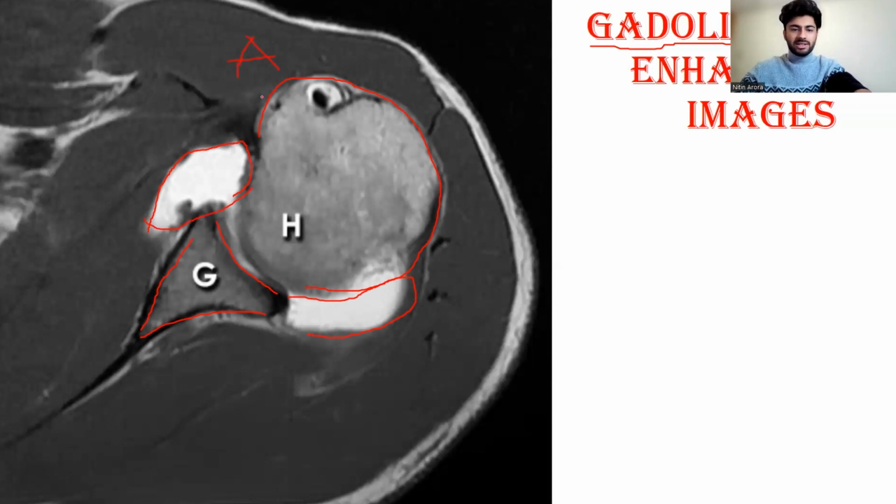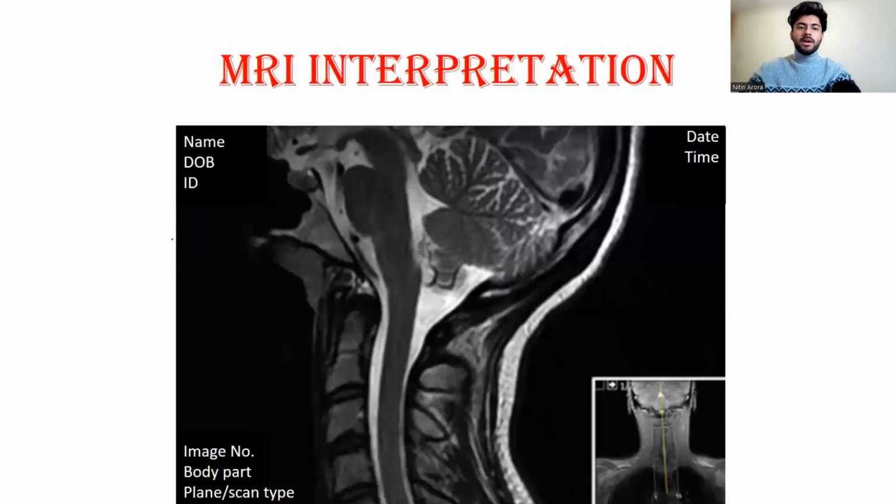We'll talk about this in the next couple of minutes. So this anterior part of the glenoid labrum is out of place. It's not in continuity. This is a case of recurrent shoulder dislocation where the anterior labrum went off place. So this gadolinium enhanced image helped us see this properly.